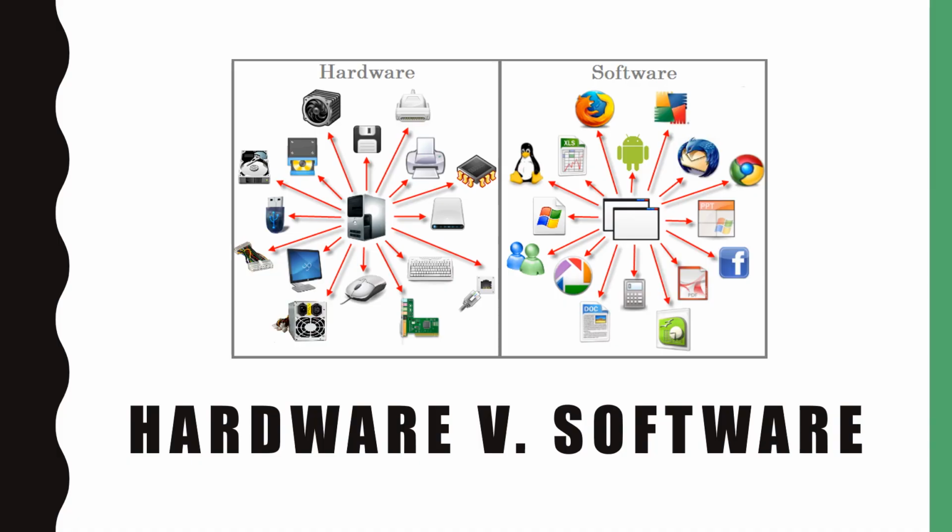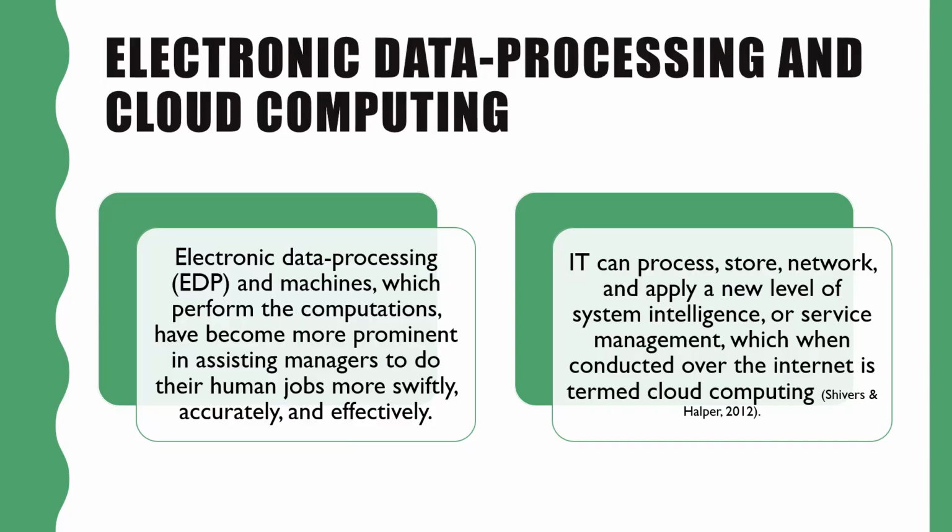Just think about cameras as a good example. Nowadays the camera, the hardware, is augmented by the availability of photo editing software like Photoshop, as well as filters on smartphones. Shivers and Halper differentiate IT between electronic data processing and cloud computing.